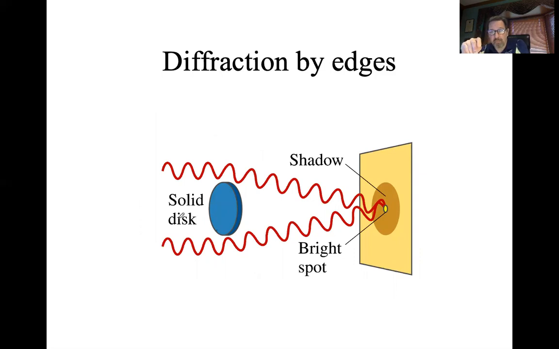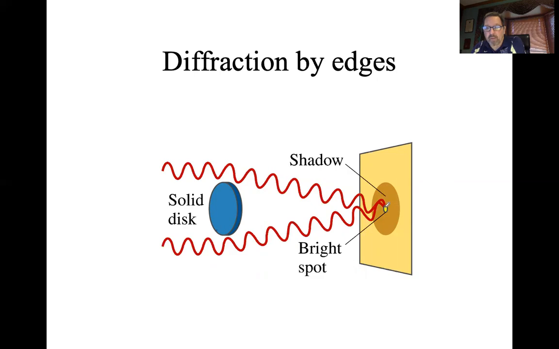Okay, so what if instead of an opening, I had the inverse of an opening, a blockage. The way people often do this is they take a microscope slide and put a dot of paint on it, then illuminate the dot of paint with, say, a laser and look at the shape of the shadow you'd expect on a screen some distance away. And you do get the shadow.